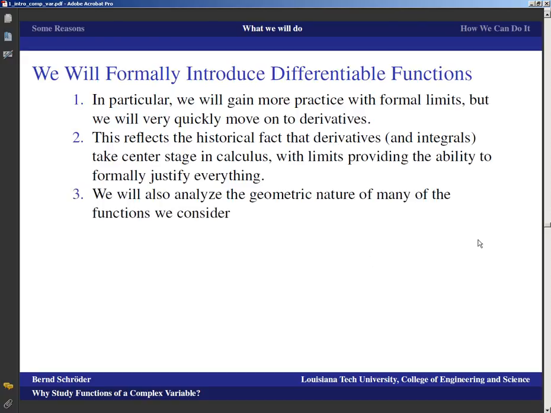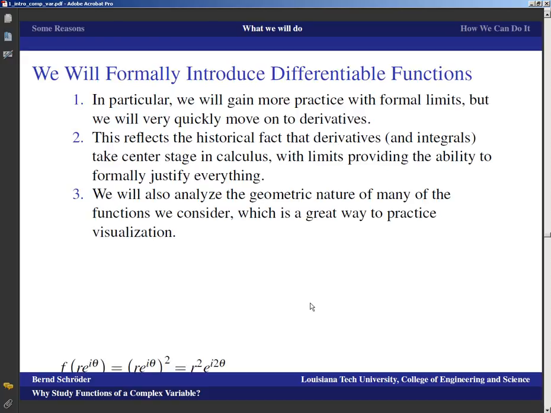We will also analyze the geometric nature of many of the functions that we consider, and that is a bit different from what we've done on the real line, because on the real line, well, you just map intervals to intervals and you have graphs, but that's not the geometric nature I'm talking about. The nature I'm talking about here is a great way to practice visualizations.